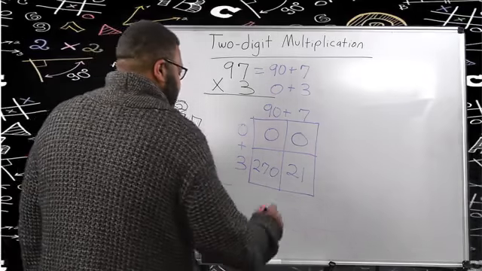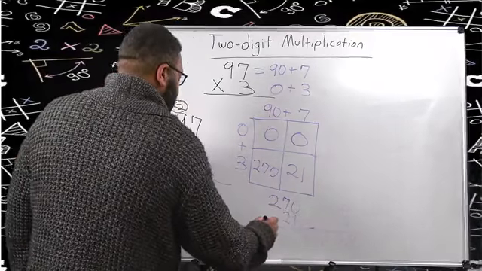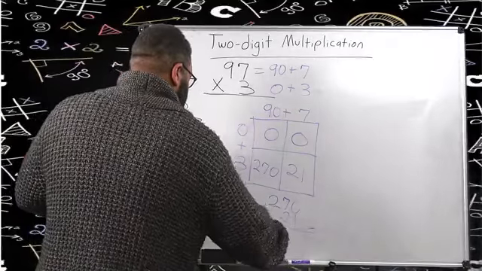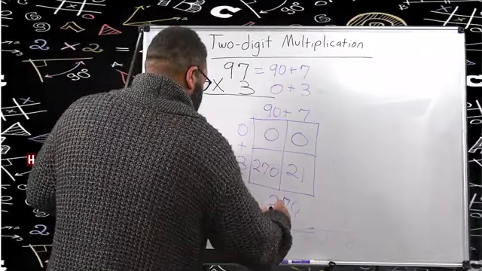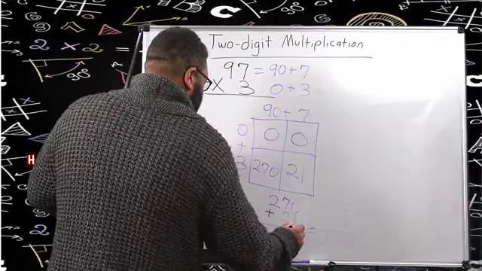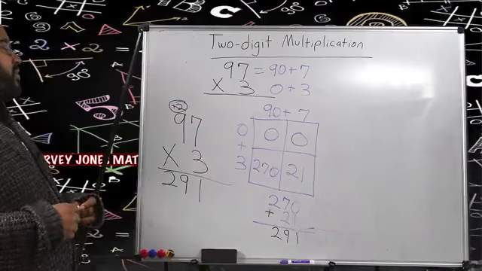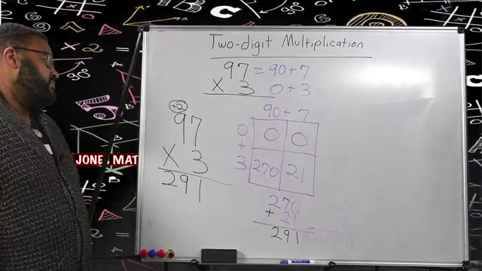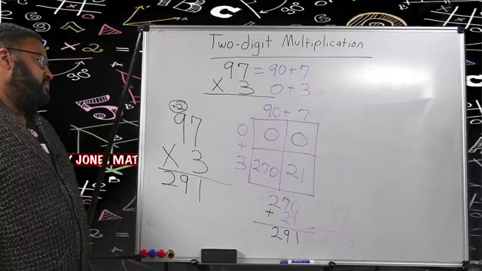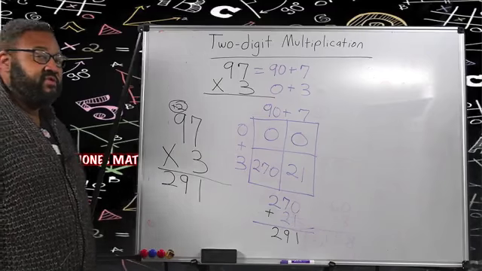So let's add this together. 270 plus 21. 0 plus 1 is 1. 7, 8, 9. 291. Questions or concerns? That's it, folks.